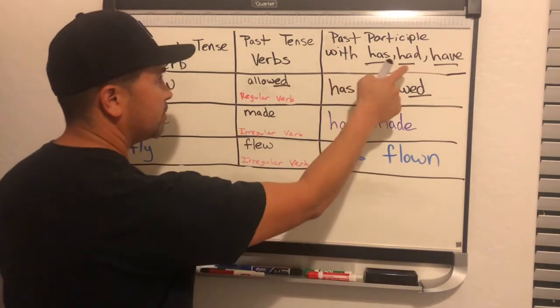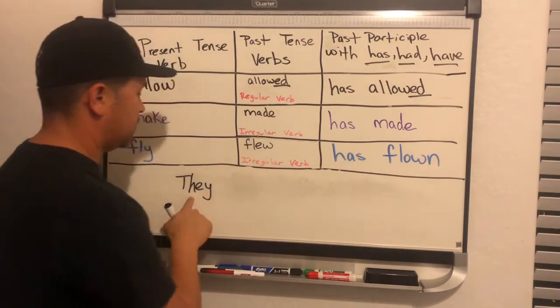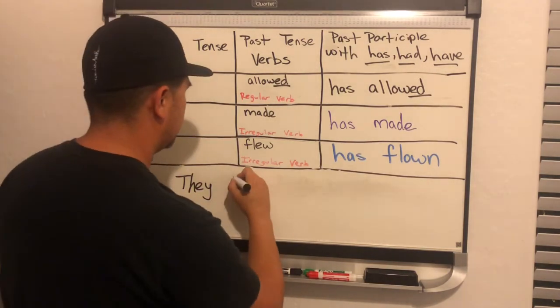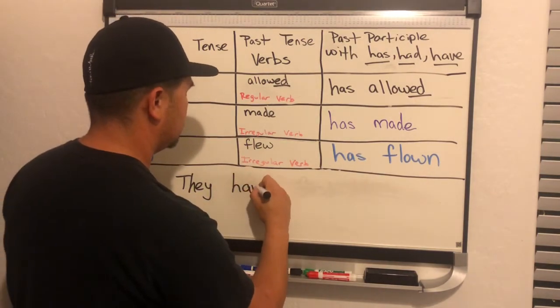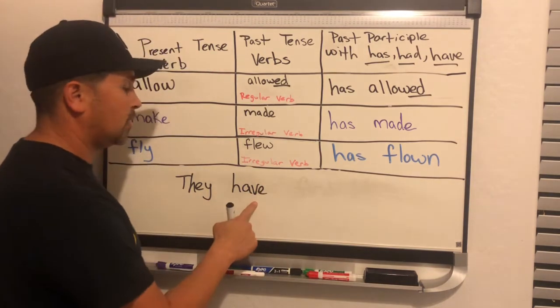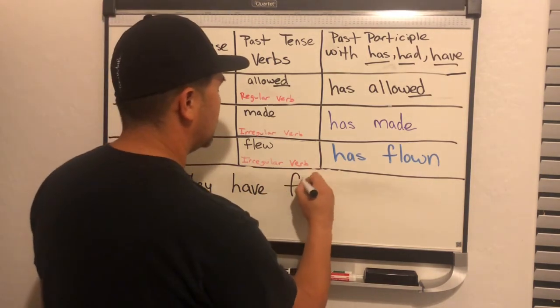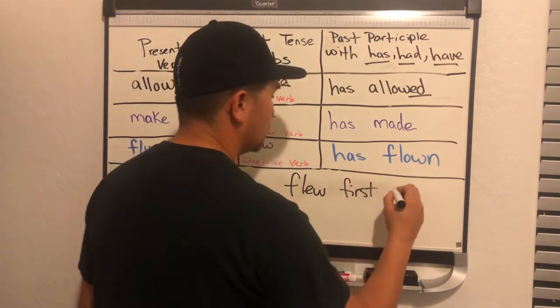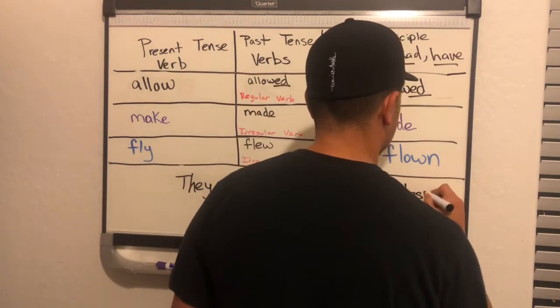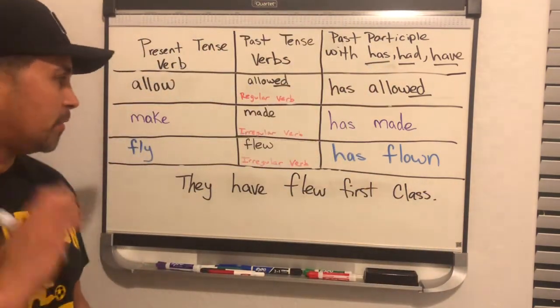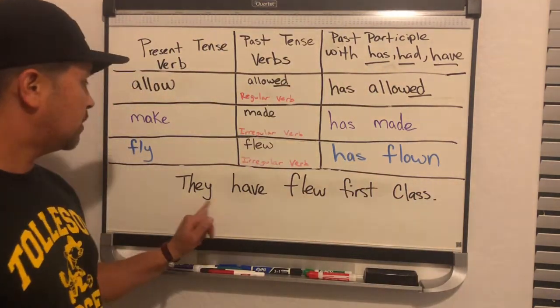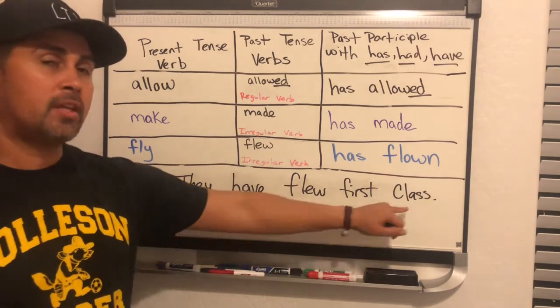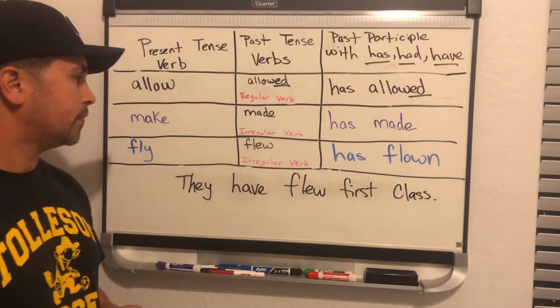Requires me to use have, because this is plural. They have flew first class. Okay. Now, if I'm just listening to this, they have flew first class, doesn't sound right.